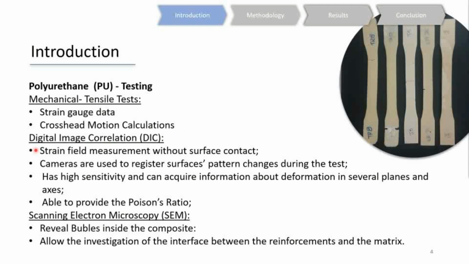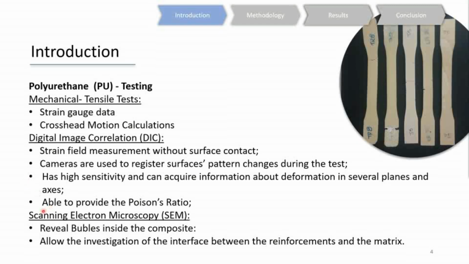And this measure is done by tracking of previously painted points on the specimen surface, and these points are registered by a camera during the test and processed by a software. It has high sensitivity and can acquire strain data in several planes and axes, so the longitudinal and transverse strain can be measured and used to calculate the Poisson ratio.